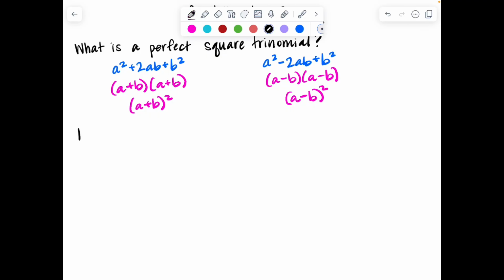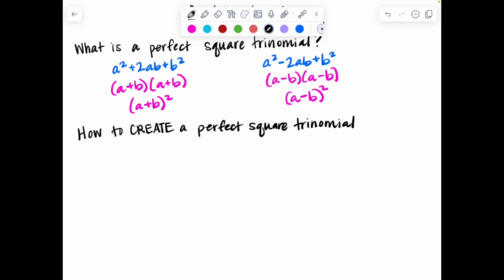So let's practice creating a perfect square trinomial. To do this, we're going to take half of b and square it, and then add.